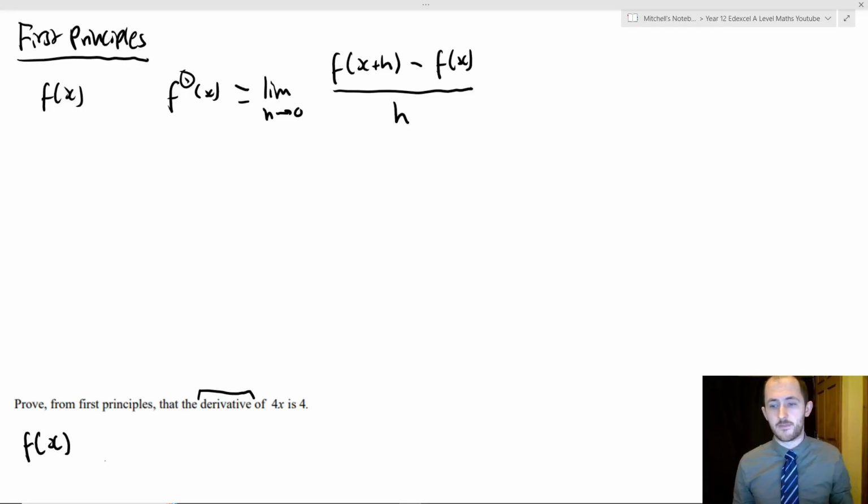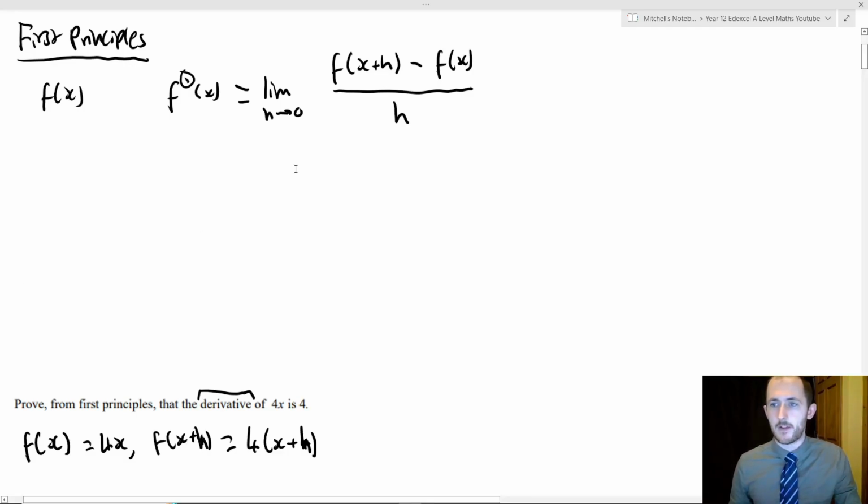So the derivative of 4x is 4 means if I differentiate 4x, I should get the number 4. So f of x is equal to 4x. Now f of x plus h, I'm replacing x with x plus h, so that would be 4x plus 4h. Okay? H, sorry.